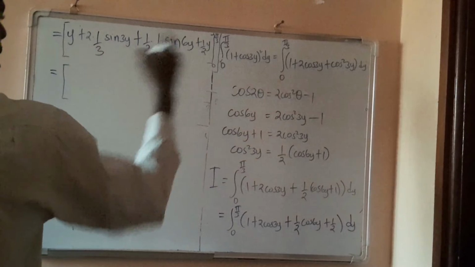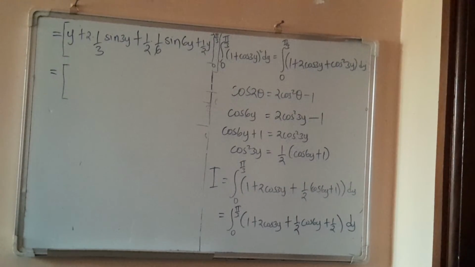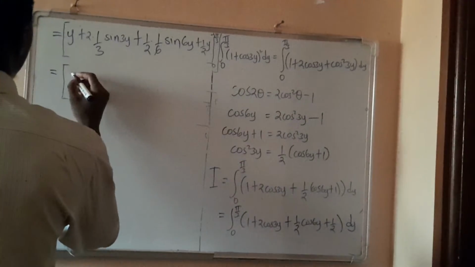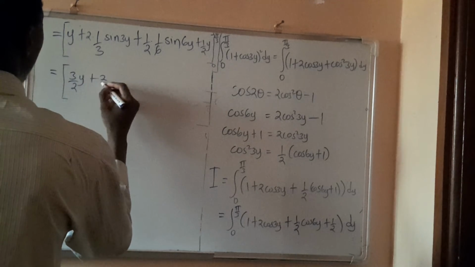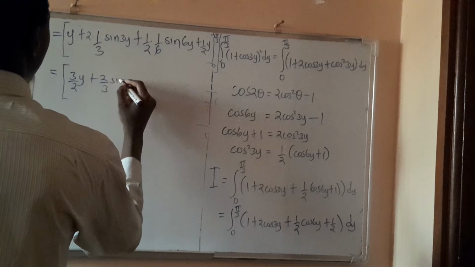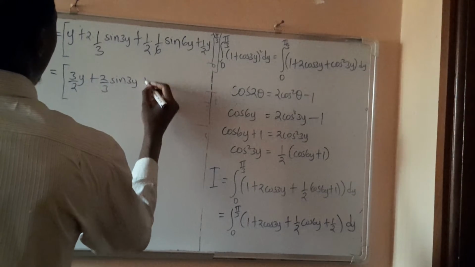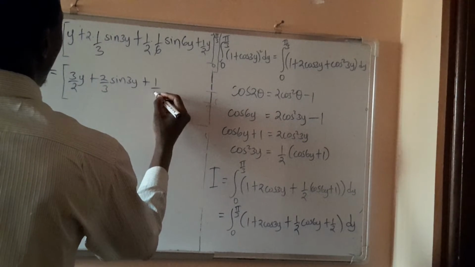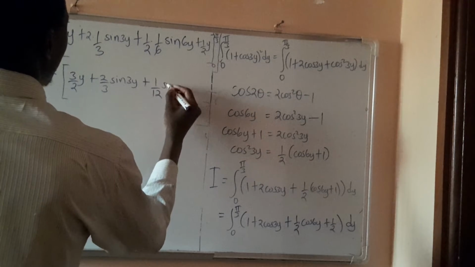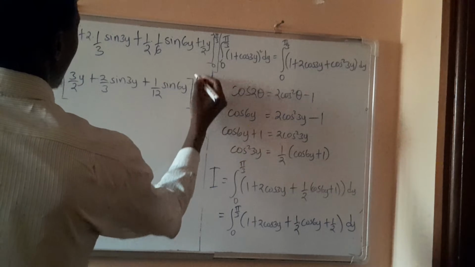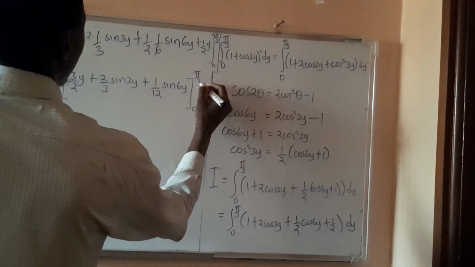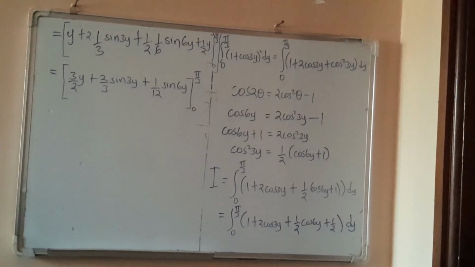We have y plus a half y, that is 3 over 2 y, and plus 2 over 3 sine 3y, then plus 1 over 12 sine 6y, from 0 to pi by 3.